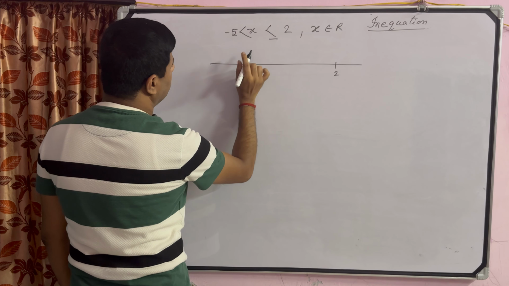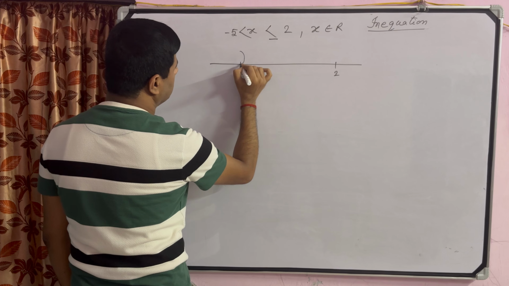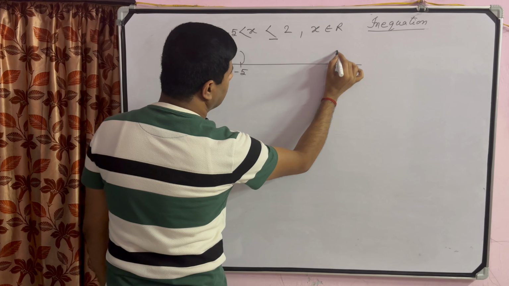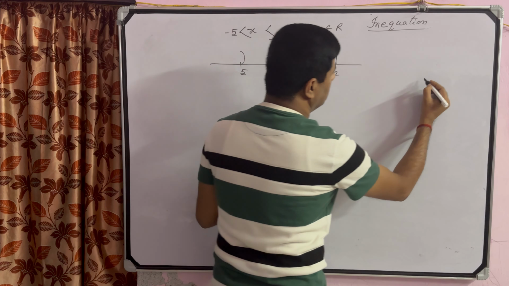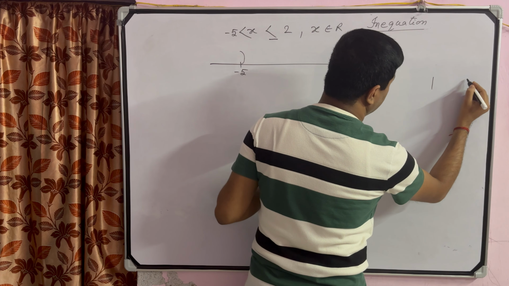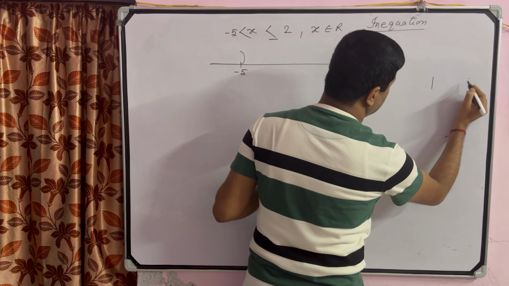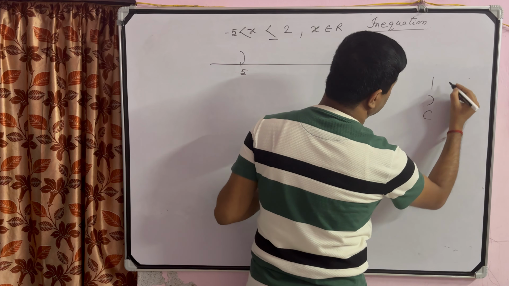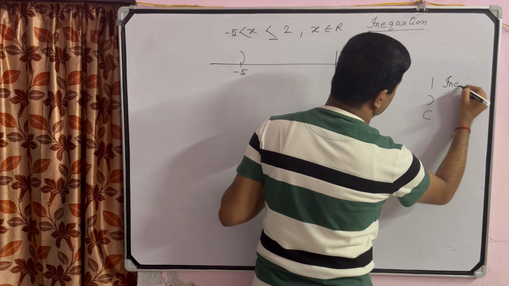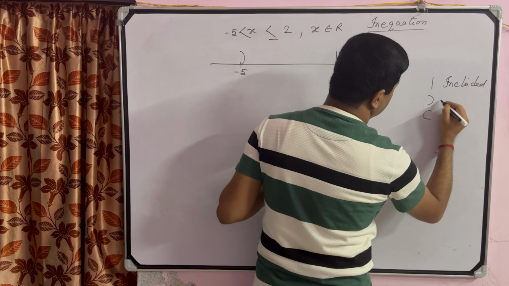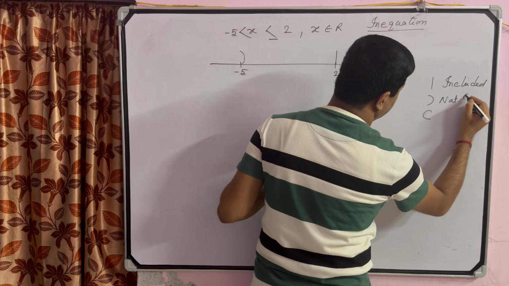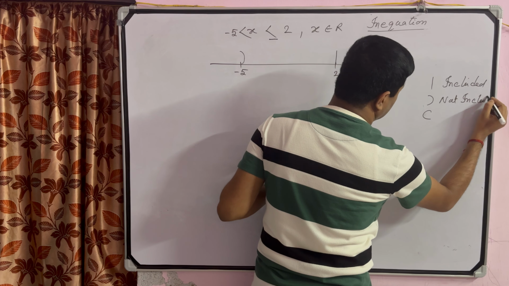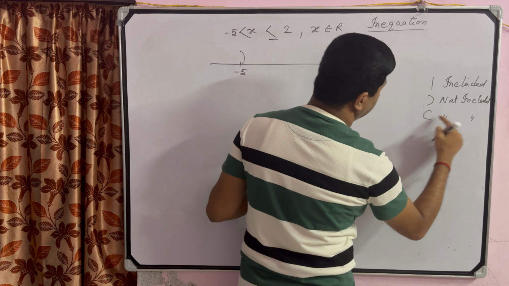So for the not inclusion, you can give this type of sign, and for the inclusion you can give this type of sign. This means this one is included, this one is not included, or this one is not included, this one is included, this is not included, and this is also not included. It depends where it is.